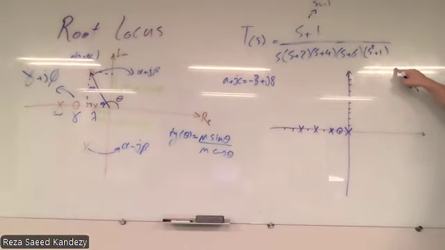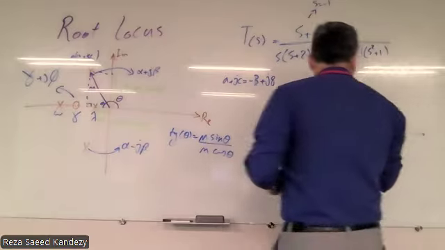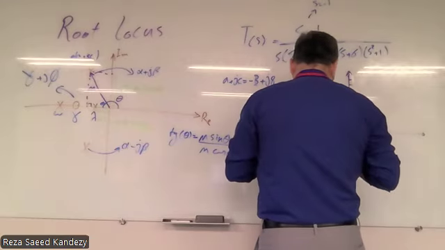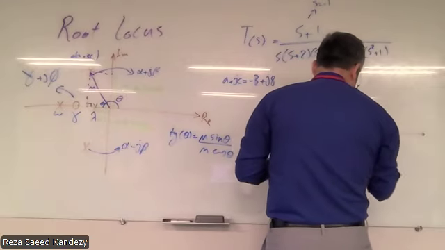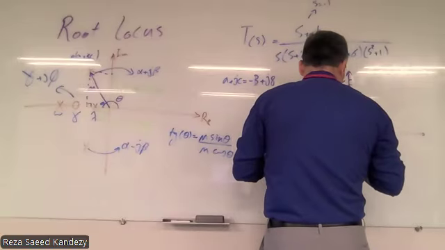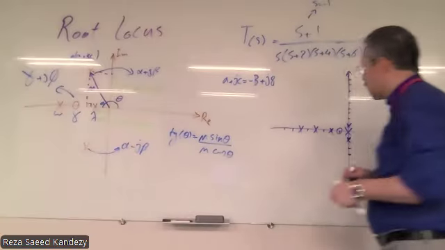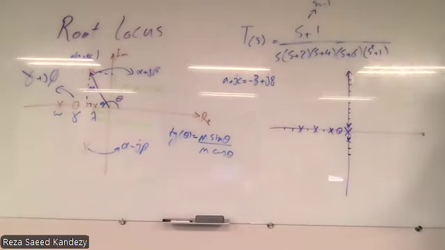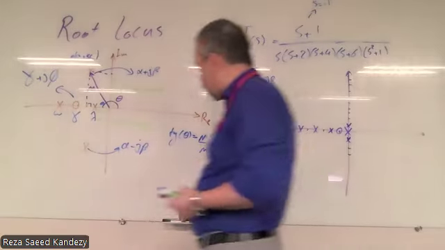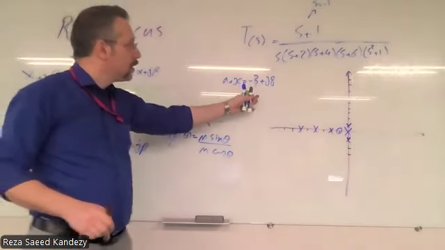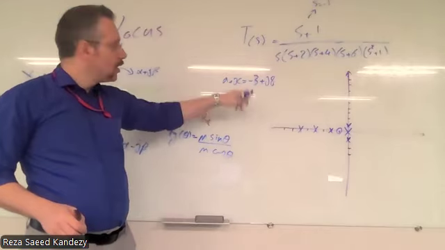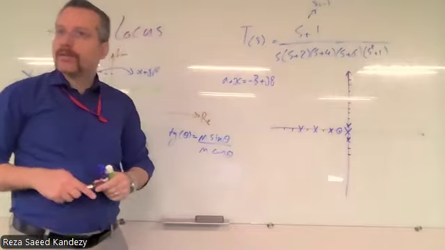Is that clear? So I also have 2 poles at plus minus j. Now, the point that I wanted to see what happens if I put in T of S is minus 3 plus j8.